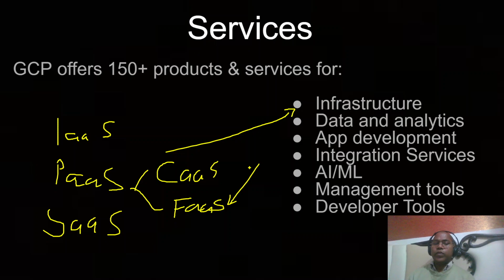So these are the kinds of offerings: infrastructure as a service, platform as a service, software as a service, container as a service, function as a service. Almost all cloud providers offer these.